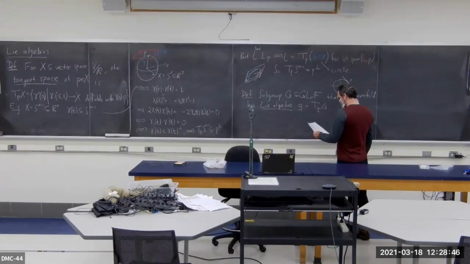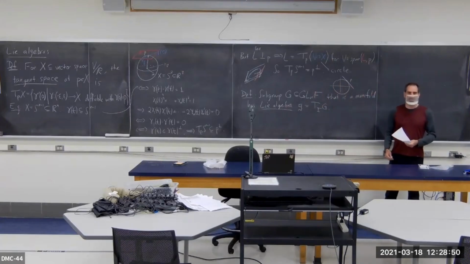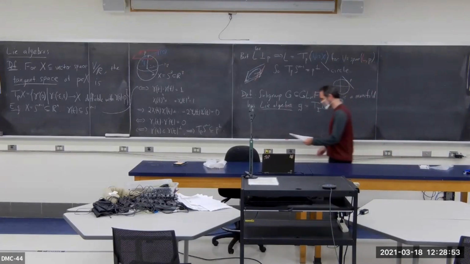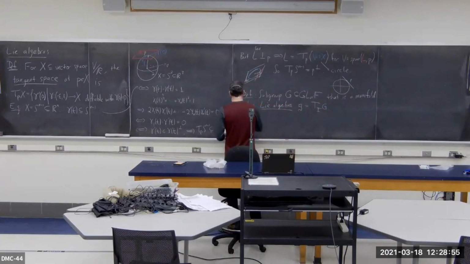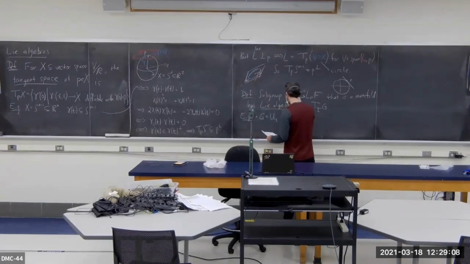Let's see. So that's it. That's the definition. It's just the tangent space at the identity. So for example, if we take G to be U1, what is U1?